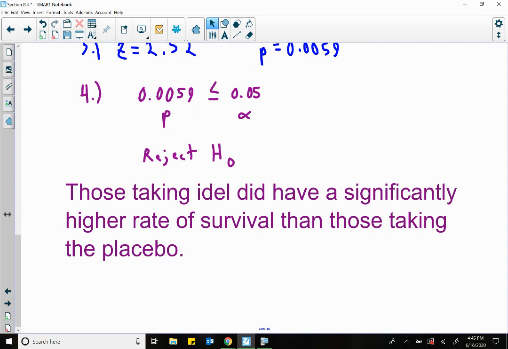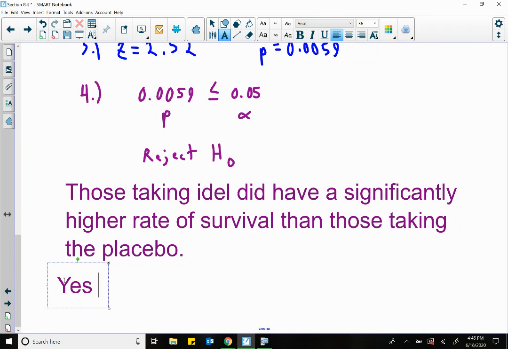We can conclude this. But the question is, is it because we saw a greater proportion of IDEL survive, or is it because the study is double blind and uses random assignment? And the answer is because this study was double blind and random as to why we can say it does cause a higher survival rate.